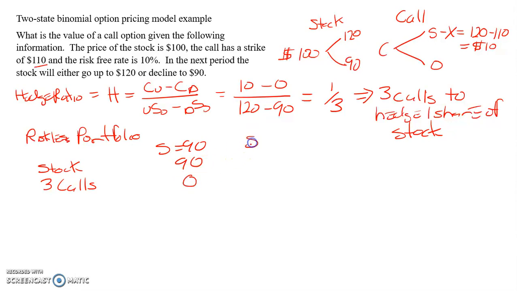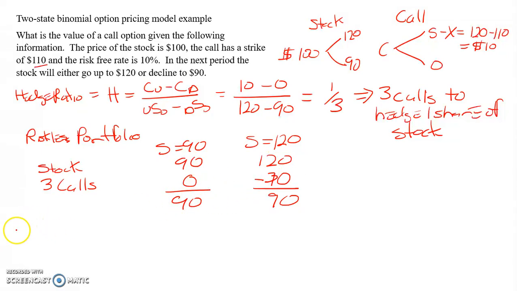Then we have the stock in the upstate, 120, and we have 3 calls at $10. That's worth $30. So we have to short those calls, so that's a negative, in order to make these 2 portfolios of equal value. So what we've done is we've created a riskless portfolio here.